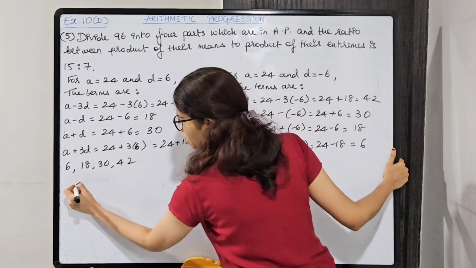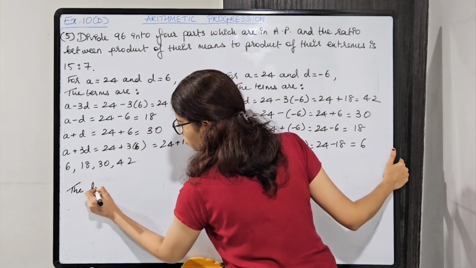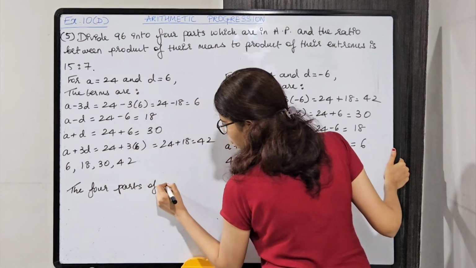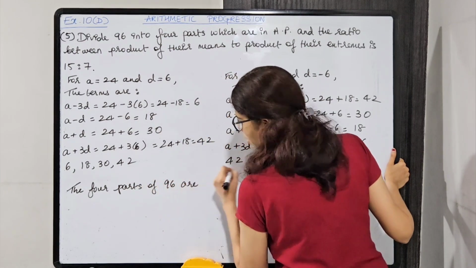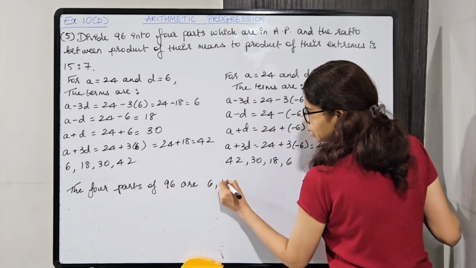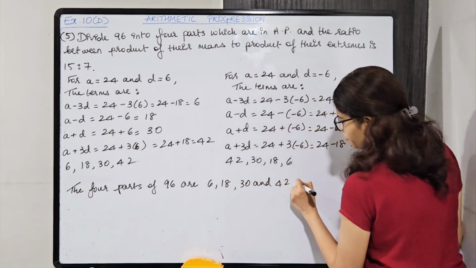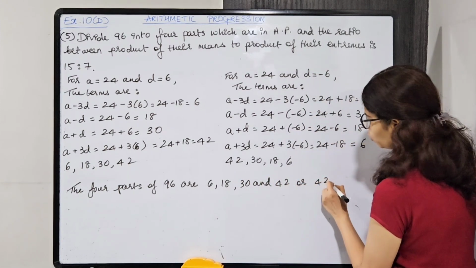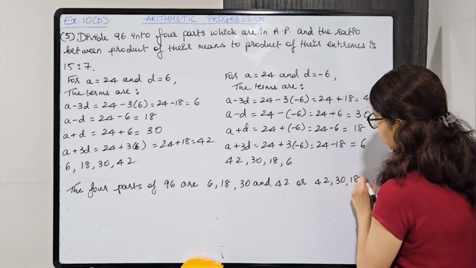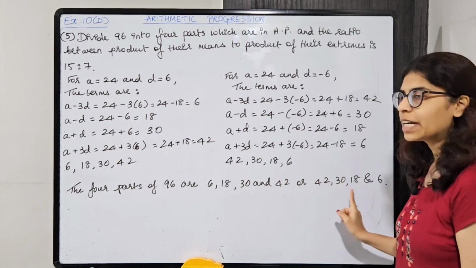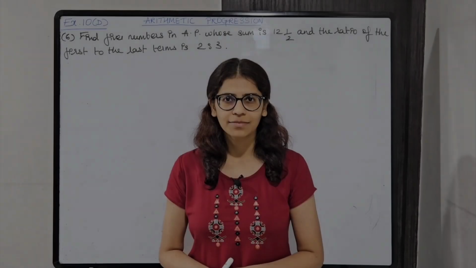So the final statement will be: the 4 parts of 96 are 6, 18, 30 and 42, or 42, 30, 18 and 6. Okay. Don't forget the final statement.